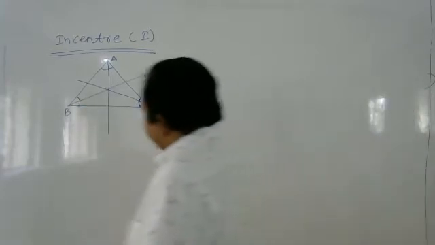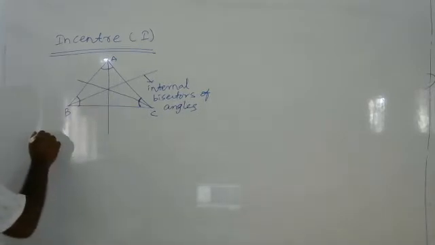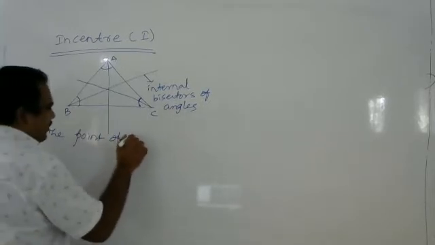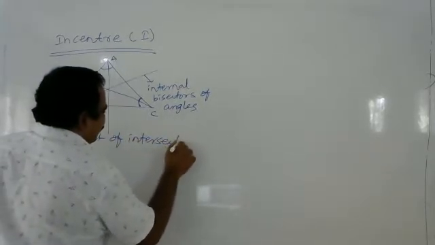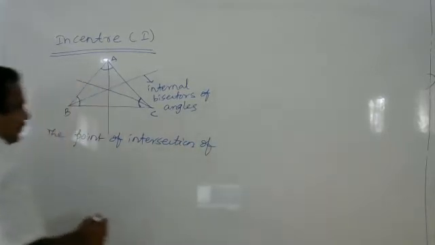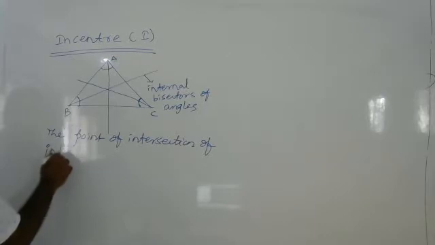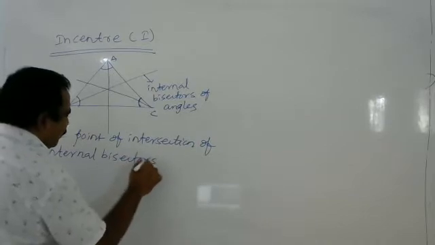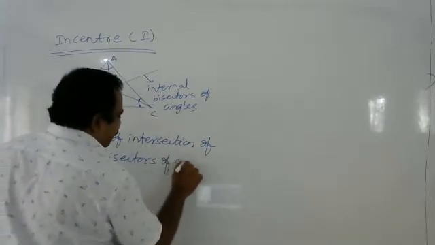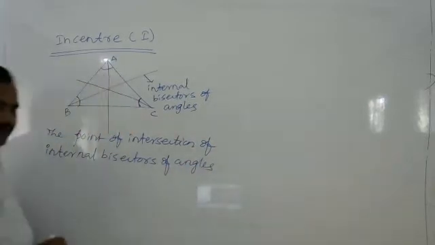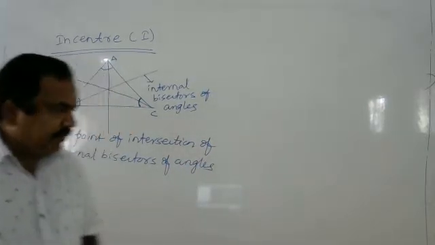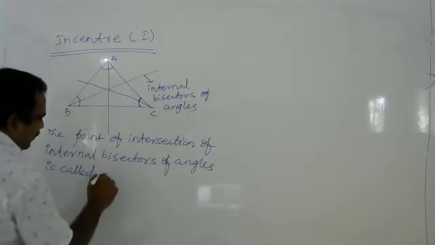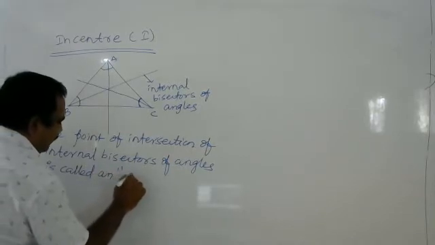So write down the definition. The point of intersection of internal bisectors of angles is called an incenter.